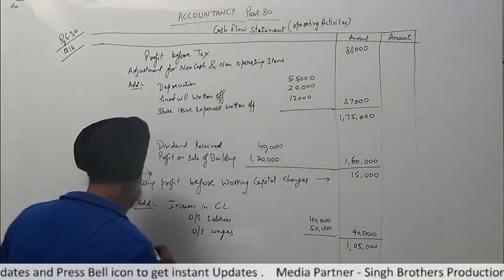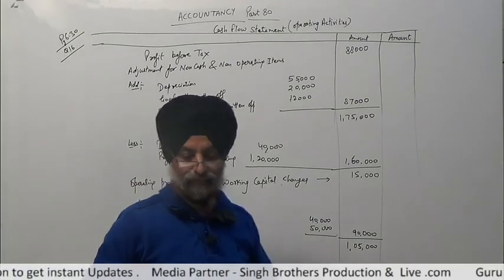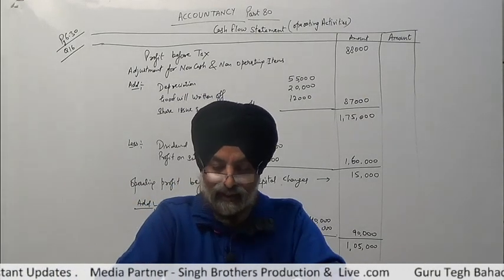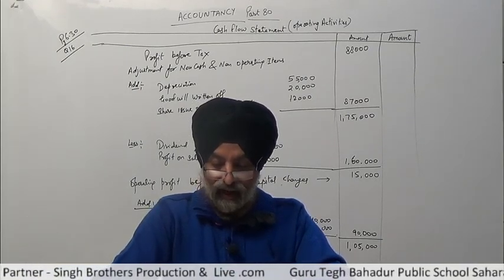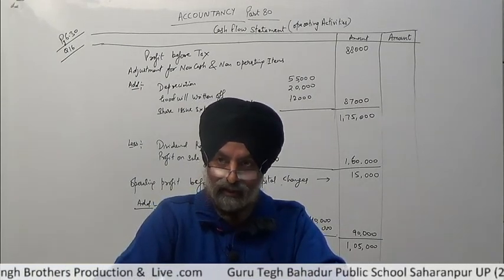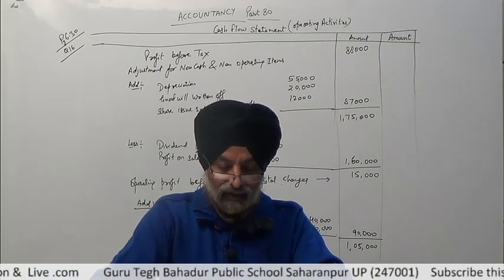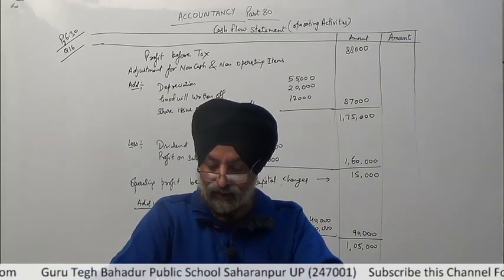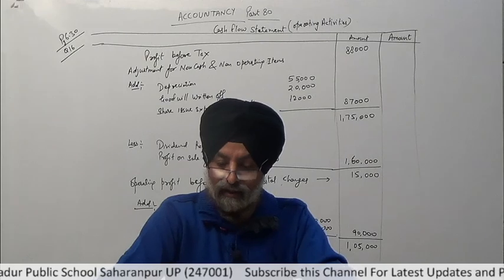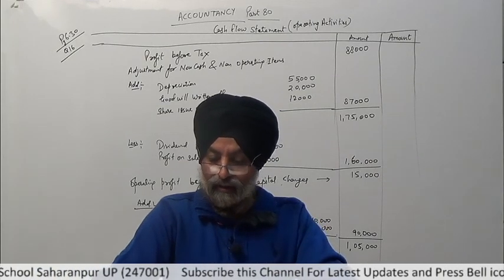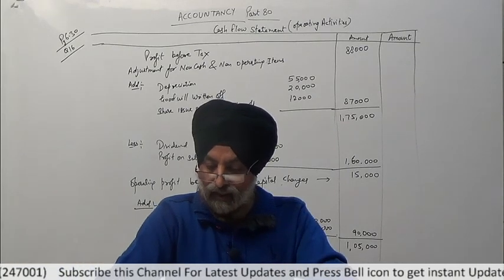Now come to the items in the less column: increase in current assets and decrease in current liabilities. There is no decrease in current liabilities. In this question, increase in current assets is given. Inventory opening is 1 lakh and closing 1,30,000, so the increase in inventory is 30,000. Salary outstanding is a current liability and salary prepaid is a current asset. So increase in current assets means prepaid salary 5,000 and inventory 30,000.